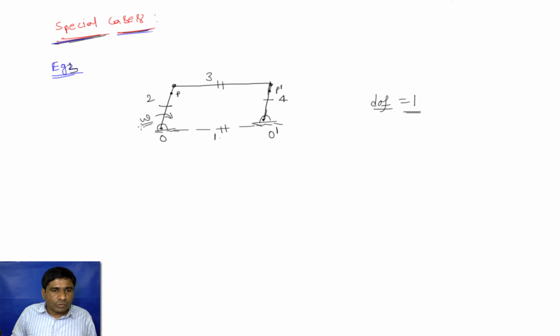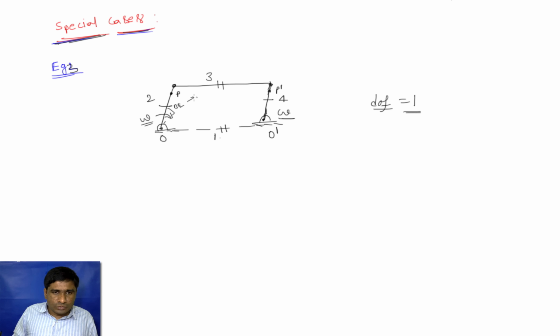So when I rotate this link with omega, this also rotates with the same omega, and these two are at equal distances. So for example, at this instant, this is delta theta, and this link has reached this position.